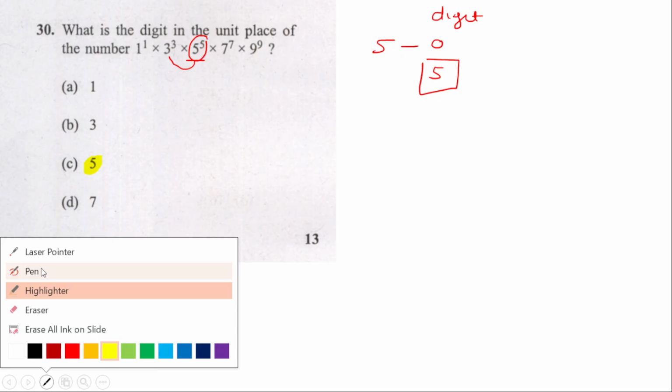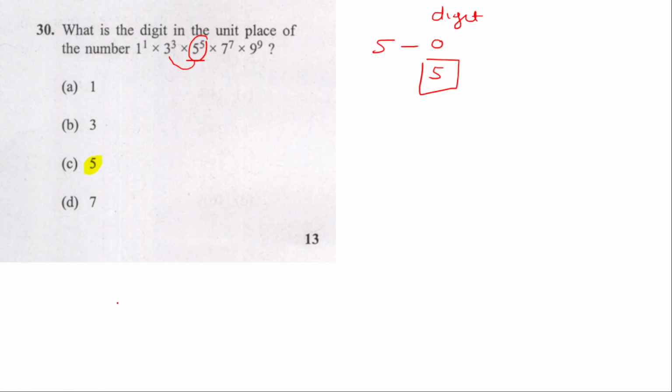This is a very good concept. When 5 is multiplied with any even number, you will get 0 at the unit place. I hope you understood this concept well.